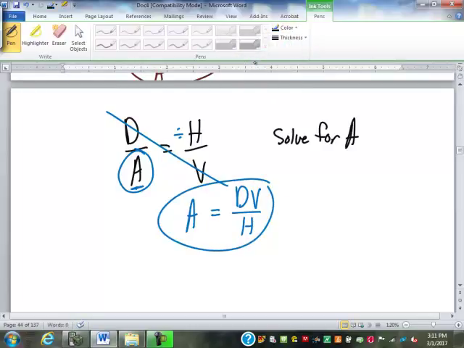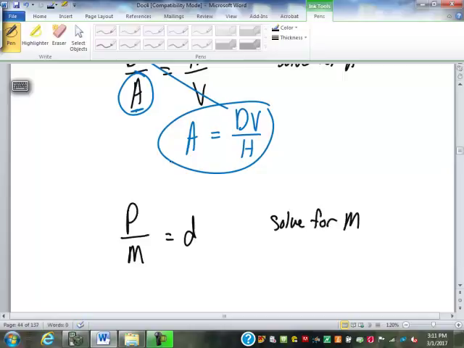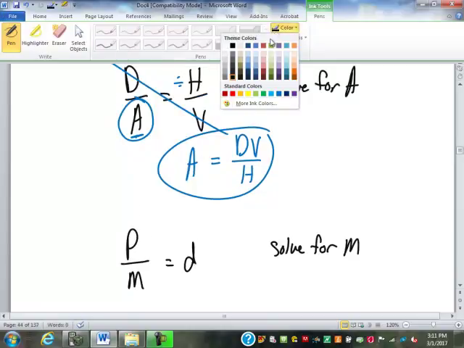Well, what if we don't have two fractions? What if we don't have a proportion, but we're still asked to solve for a number that's on the bottom of a fraction? For example, let's say we have P over M equals D. We're asked to solve for M. Well, this looks different from the one we just did up here because it's not a proportion.